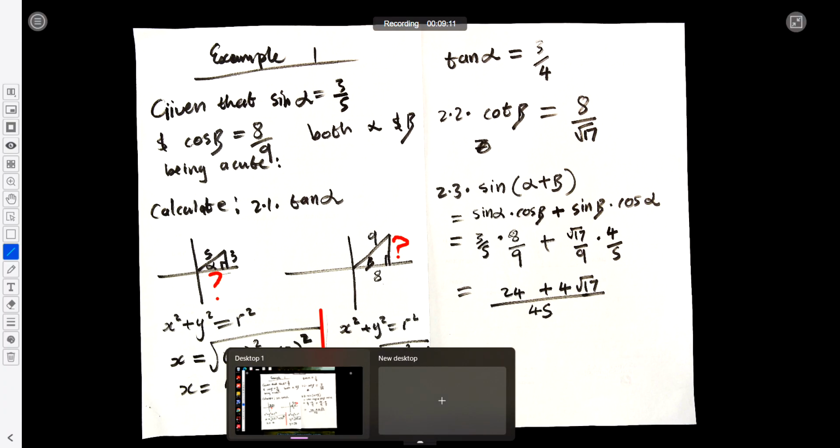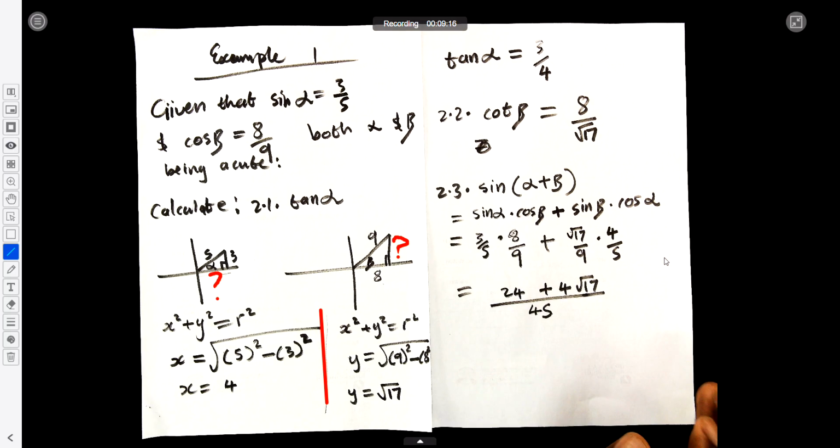So I have that. Or if you want, you can leave it in decimals. I just calculated directly without getting the final answer, simplifying the step. In decimals, what did you get?